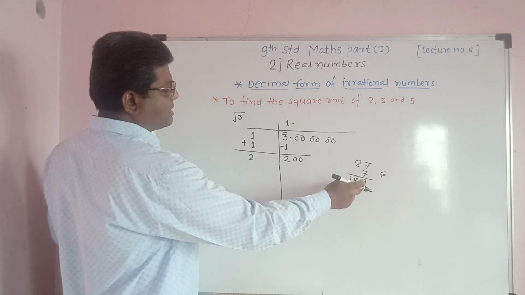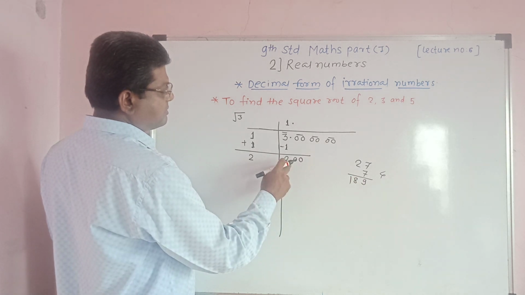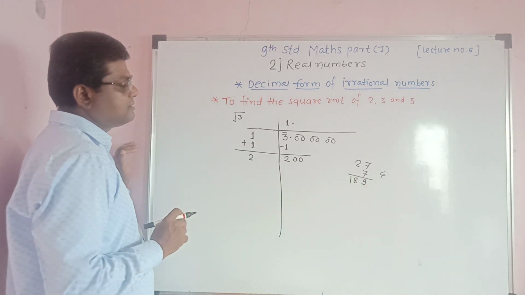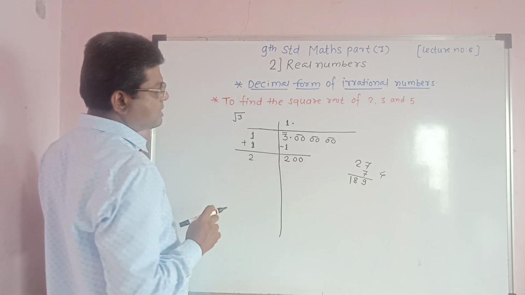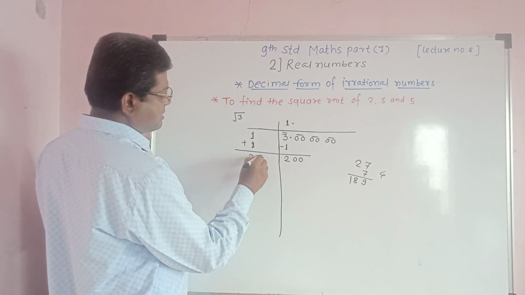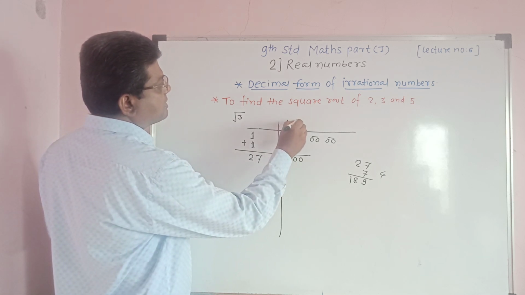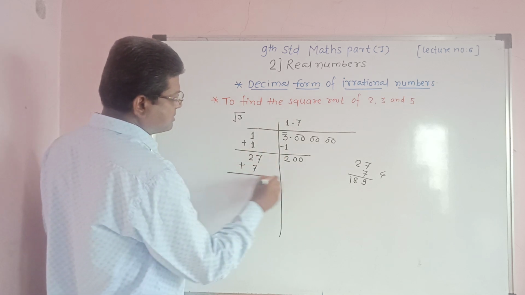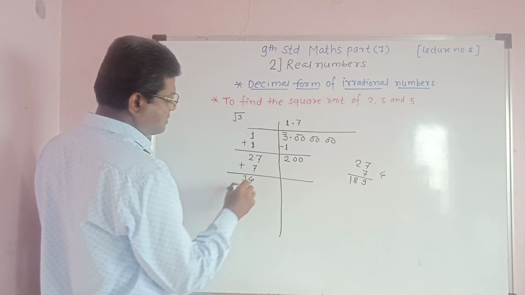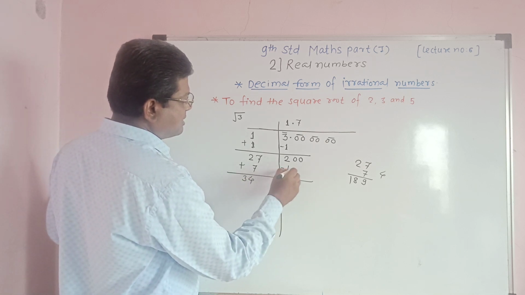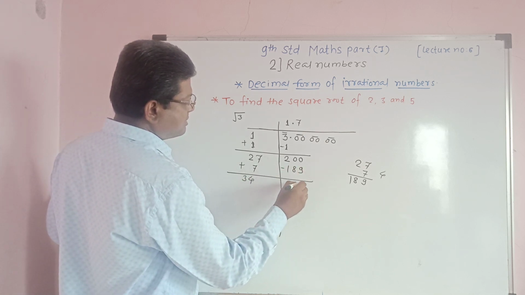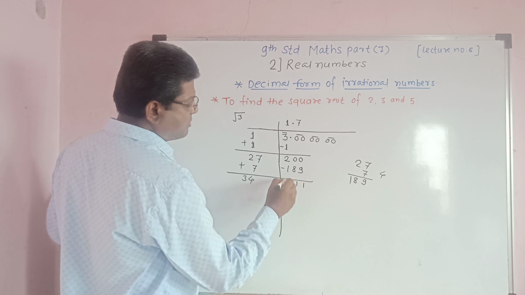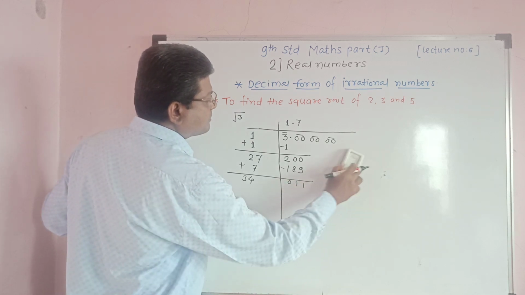And this number 189 is less than 200 and closer to 200, therefore we write here 7. So here the answer is 7. Add 7 to this number, so it will be 34. Subtract 189 from 200, so we get 11 remaining.